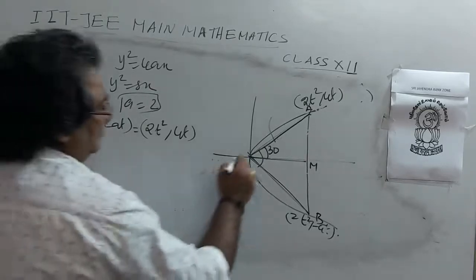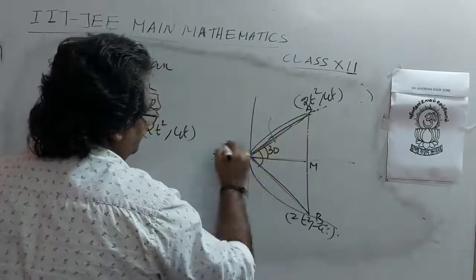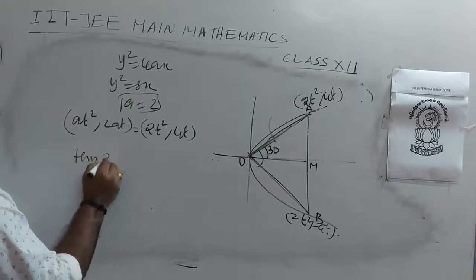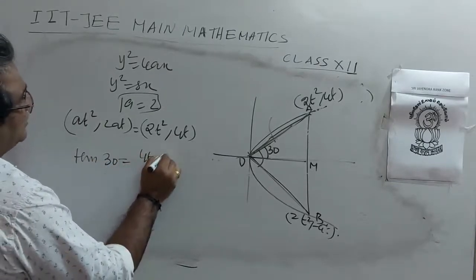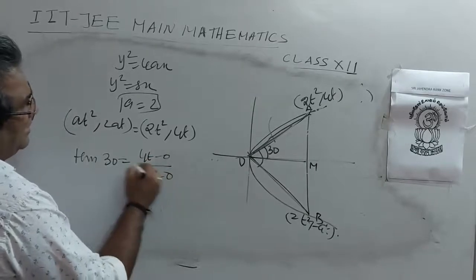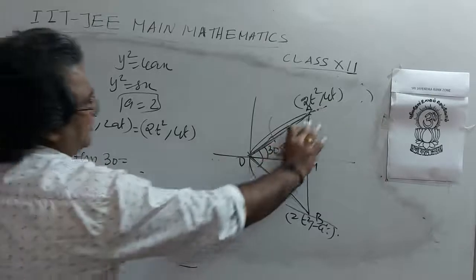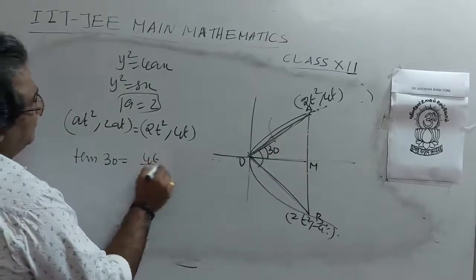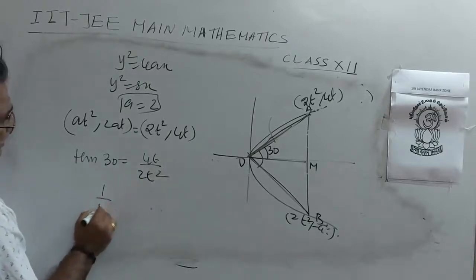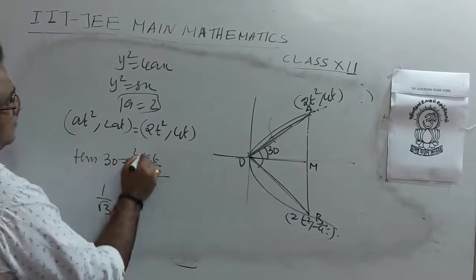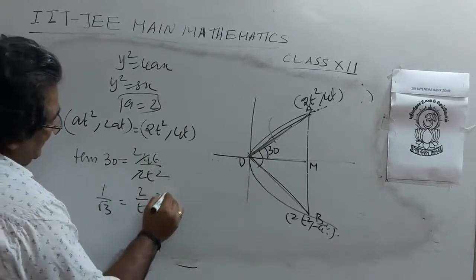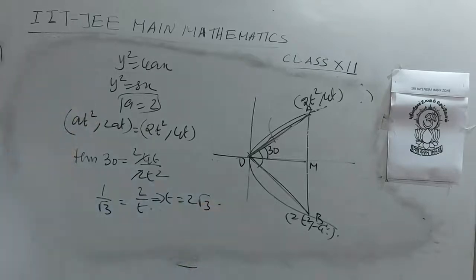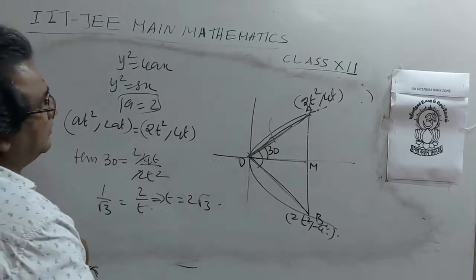Slope of line joining these two points. So tan 30 equal to 4t minus 0 by 2t² minus 0, tan 30 is opposite by adjacent, that is 4t by 2t². 1 by root 3 equal to 2 by t, which implies t equal to 2 root 3.